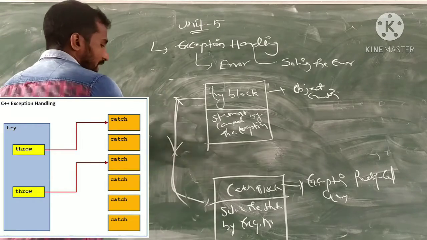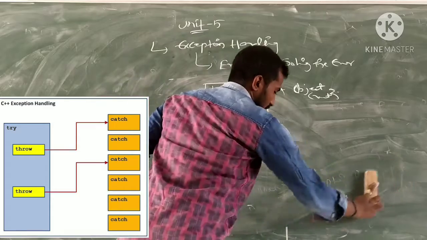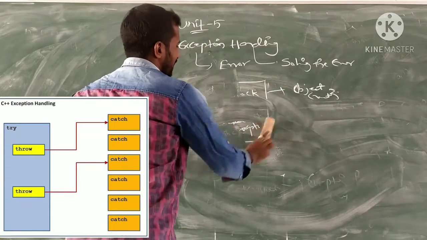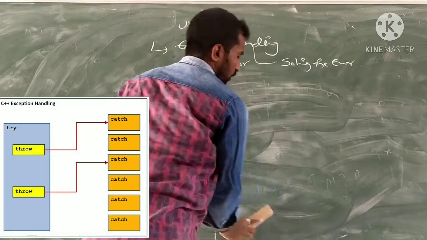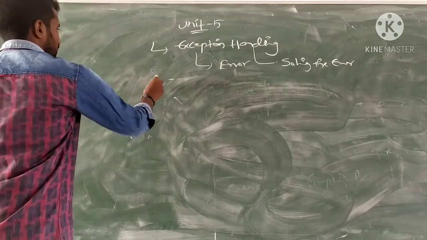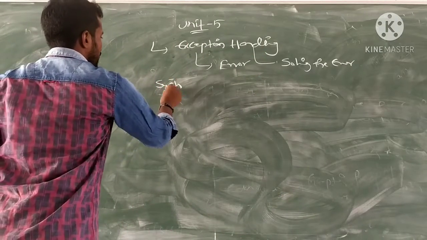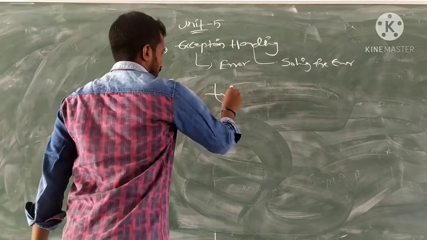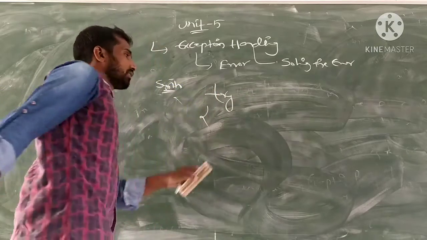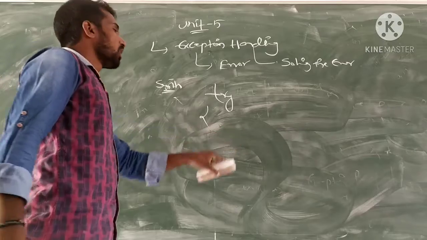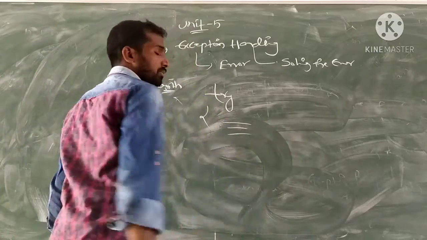What is the basic syntax of exception handling using try and catch keywords? When we use the try keyword, we open braces and write some statements.